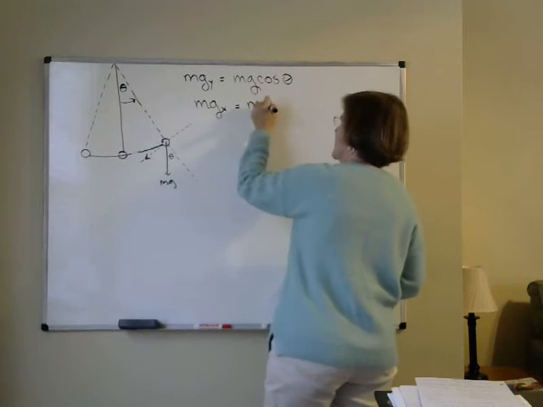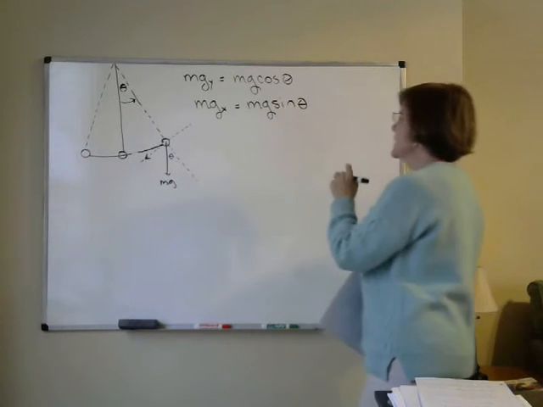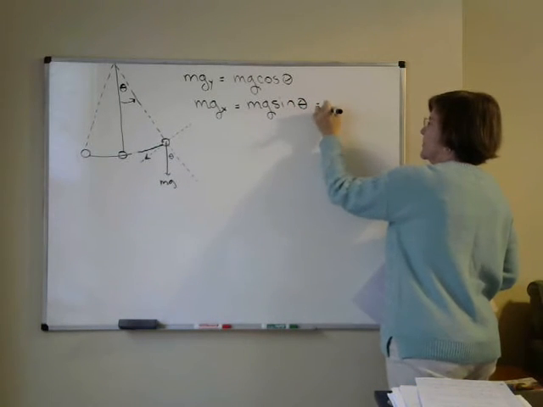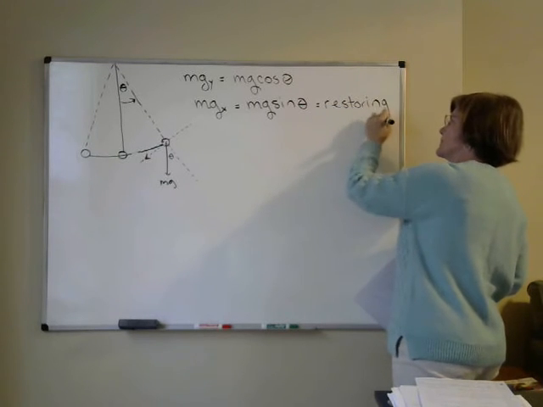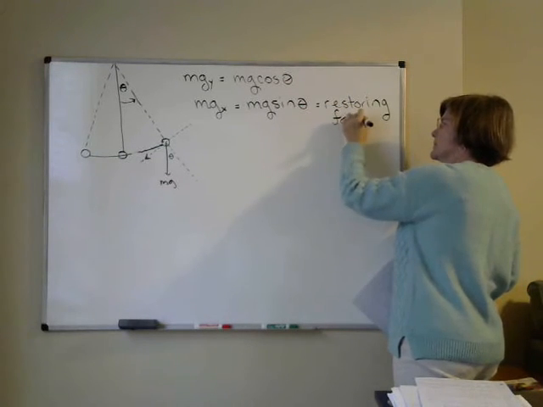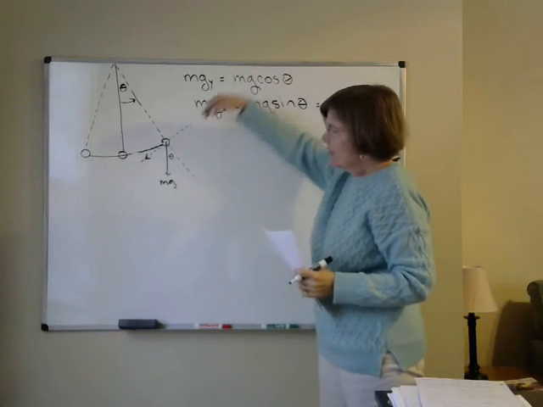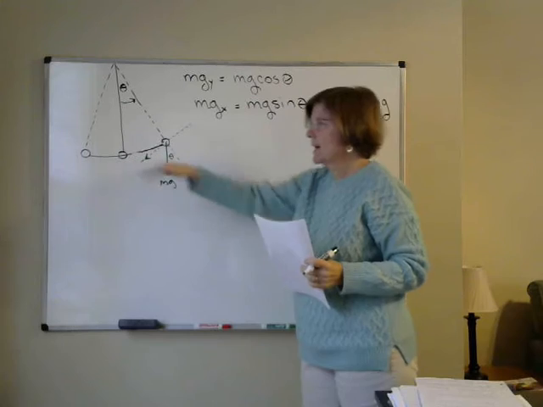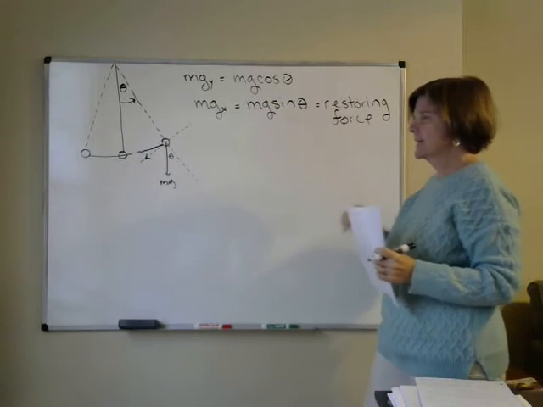That's mg sine theta. And this is the restoring force. So when you hold this up here, the part that makes it swing sideways is this restoring force. It wants to go back to equilibrium.